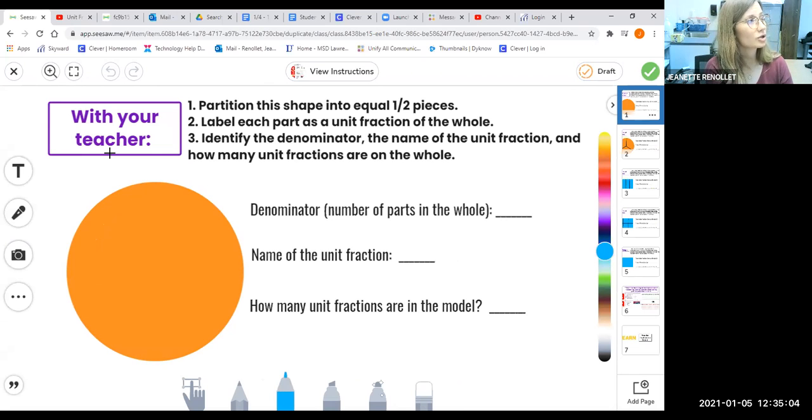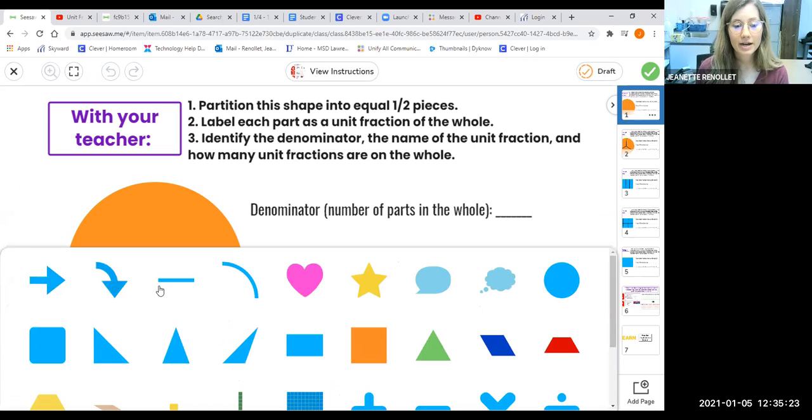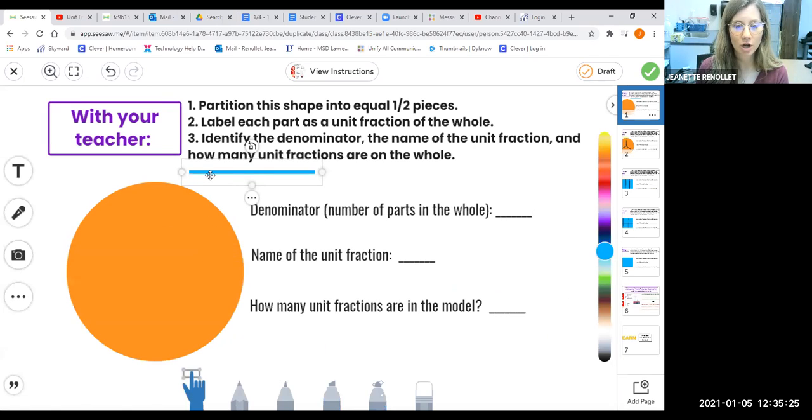The directions tell us to partition the shape into 1/2 pieces. 1/2 is a fraction we have been working with since 2nd grade. We know all about halves. So I'm going to use the bar from my shapes, just like Mrs. Sousa taught me.